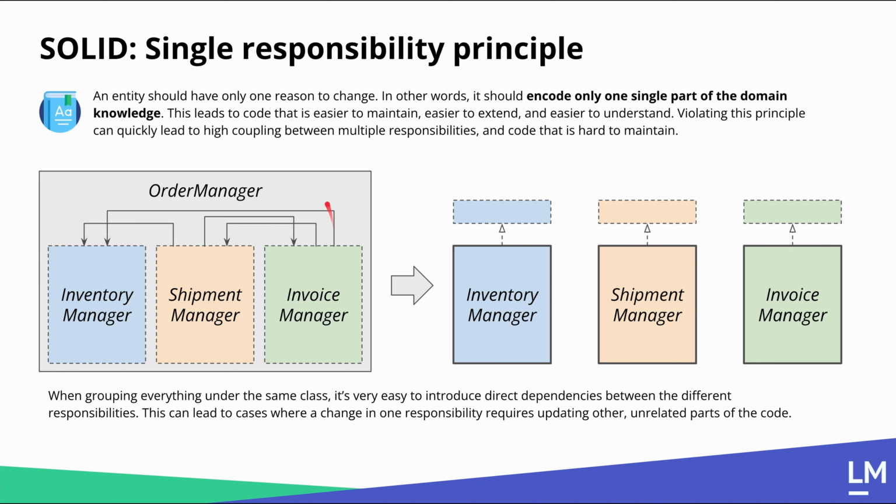Well, now the invoice manager cannot just go and directly call the inventory manager, because the inventory manager is hiding its implementation details behind a stable interface. So what happens is that the modules will start depending on the interfaces of the other modules.